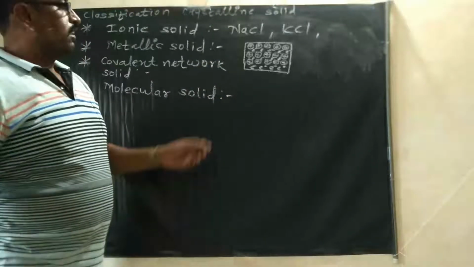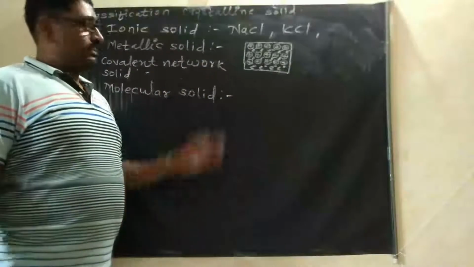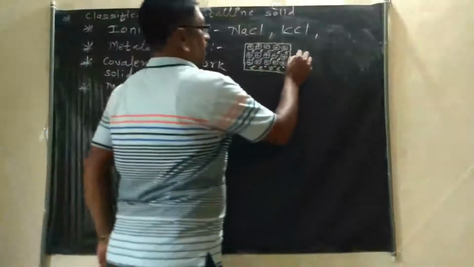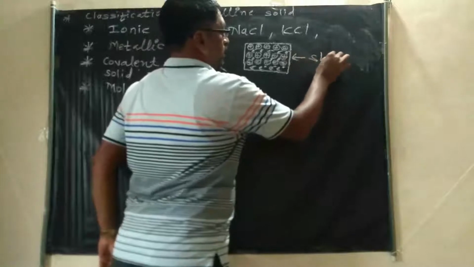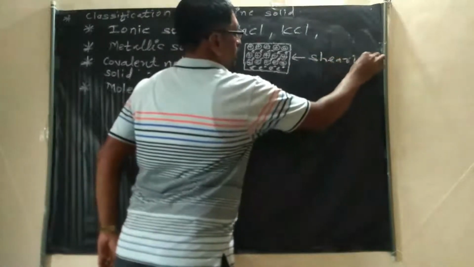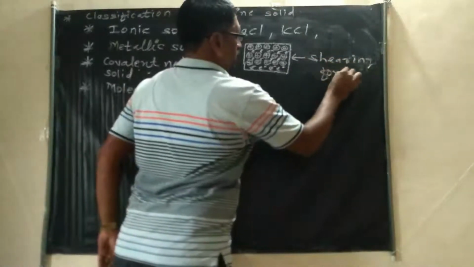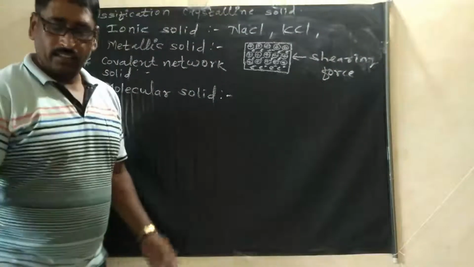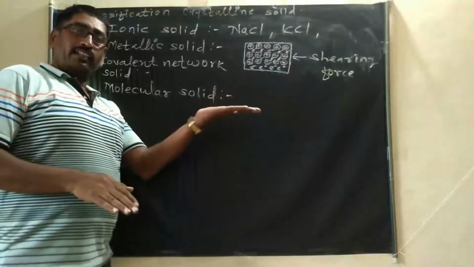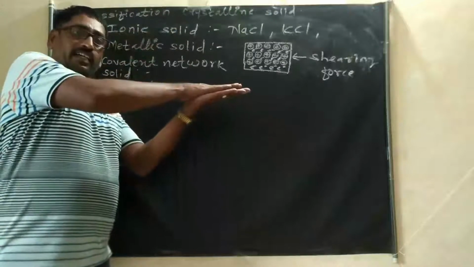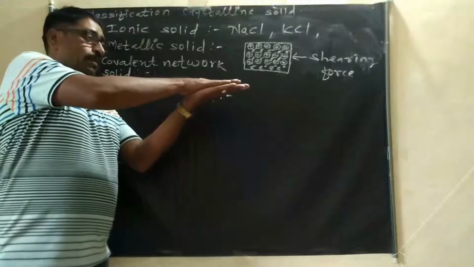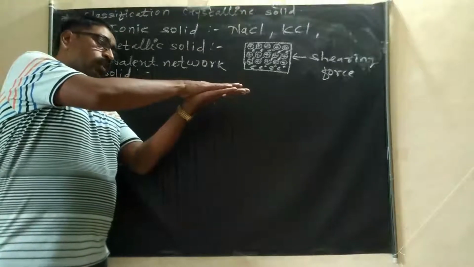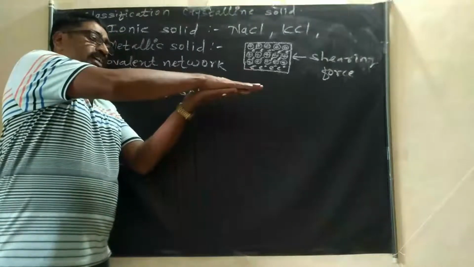That is the property of metallic solids. Now we see the shearing force again. When a shearing force is applied to a metal plate, again my one hand is one layer and the second hand is the second layer. The layers only slide with each other.